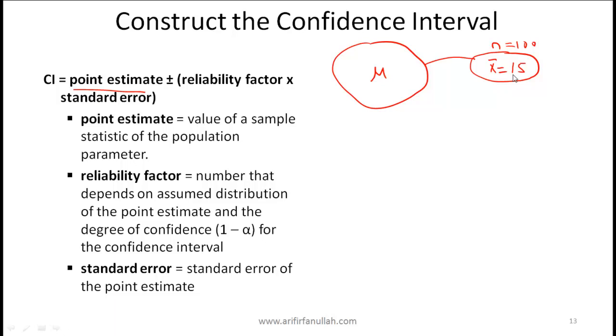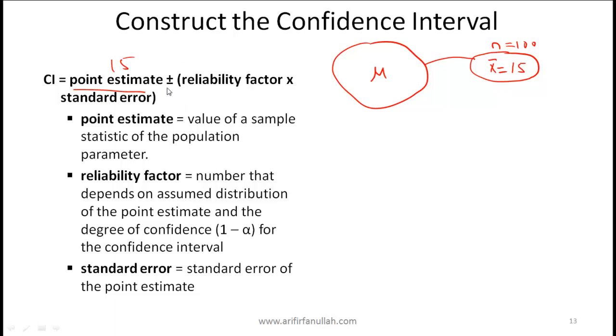So the 15 is your point estimate. Now clearly you can't be 100% sure that the population mean is 15, so you give a range. The range will be 15 plus or minus a number.